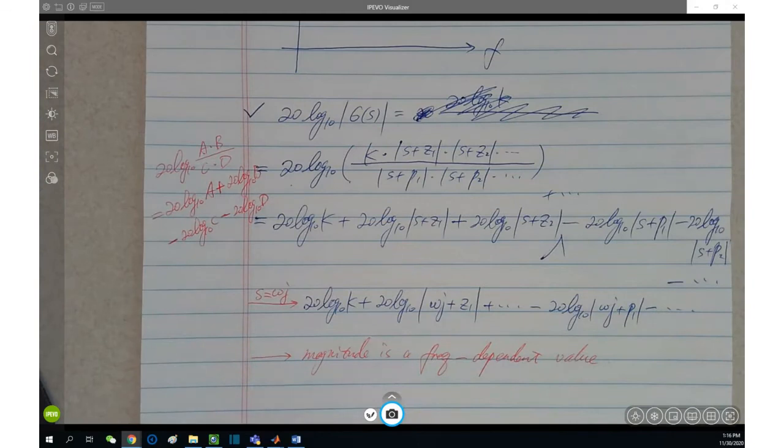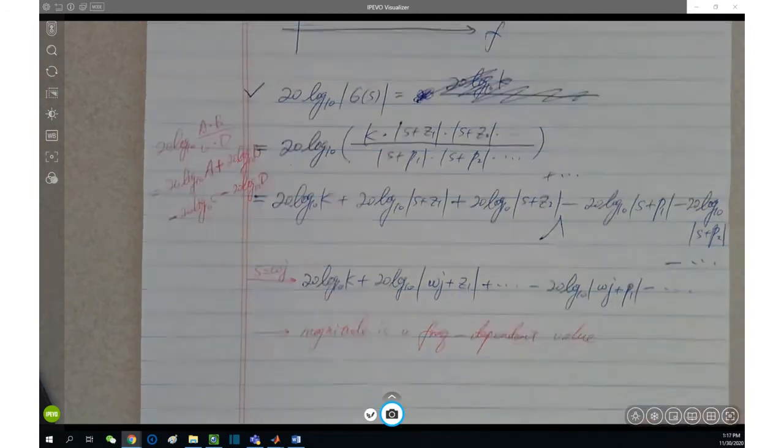This is the magnitude, of course, under the 20 log 10. This algebra is necessary, and this magnitude is actually a function of frequency, or say the magnitude is frequency dependent. If you are sweeping different frequency values, you are going to have different magnitude values. This is the magnitude.